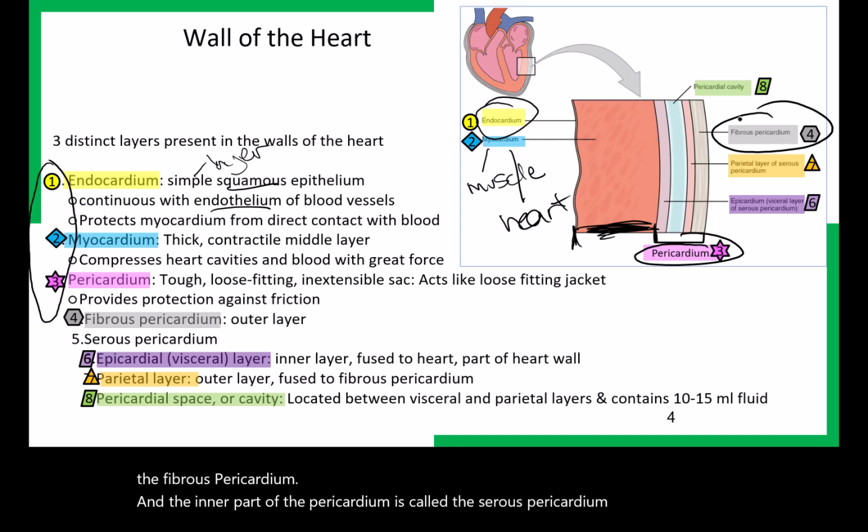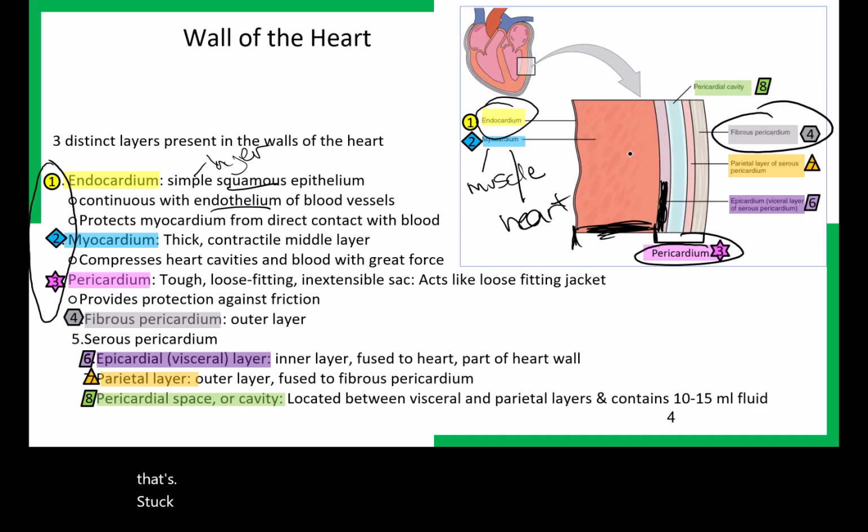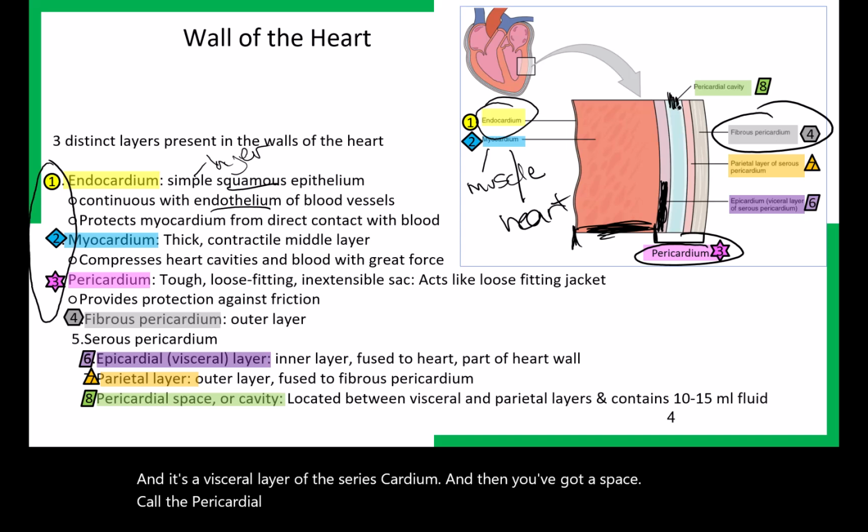In the serous pericardium, the innermost layer, the one that's stuck to the myocardium of the heart, is called the epicardium, and it's the visceral layer of the serous pericardium. Then you've got a space called the pericardial cavity that is filled with fluid. On the other side of the pericardial cavity, we've got the parietal layer of the serous pericardium.